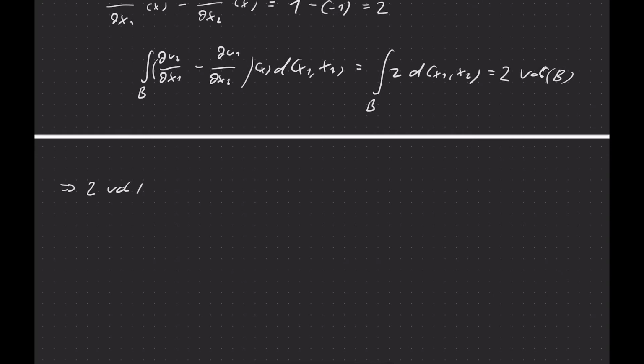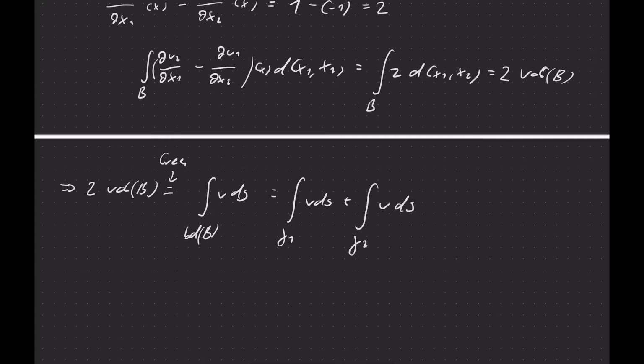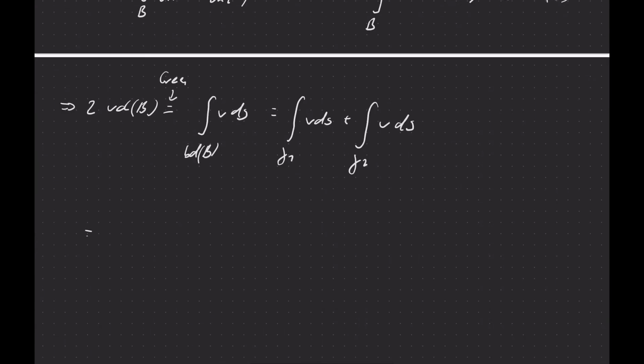That means 2 volume of b is, by Green's theorem, equal to the integral of VDS along the boundary of b. And that is equal to the integral over gamma 1 VDS plus the integral over gamma 2 VDS. And you know how to evaluate these integrals.